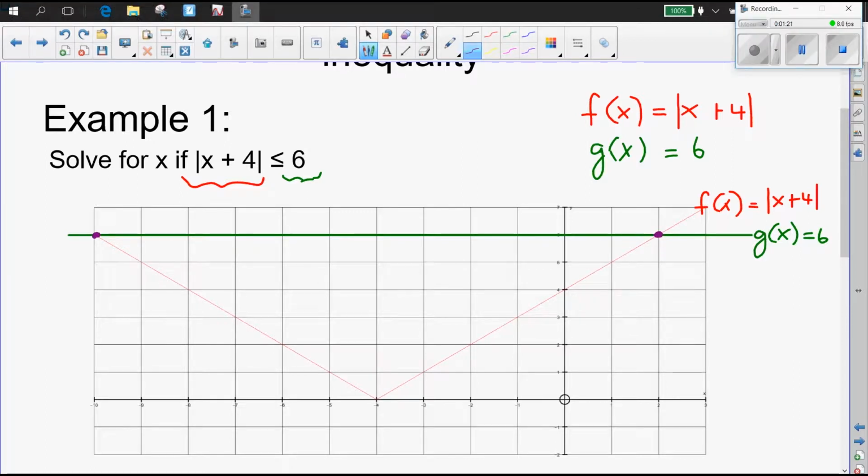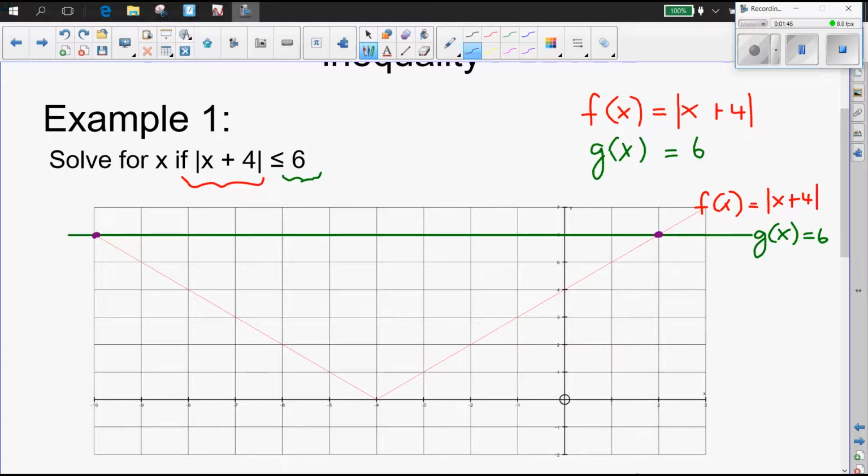So to solve this inequality, we must find all the y values of the absolute value graph that are less than or equal to 6. Now, having a look at the arms of the graph, do you notice that if you look at all values of x greater than 2, then the absolute value graph lies above your straight line graph.